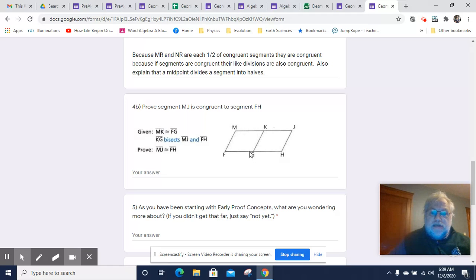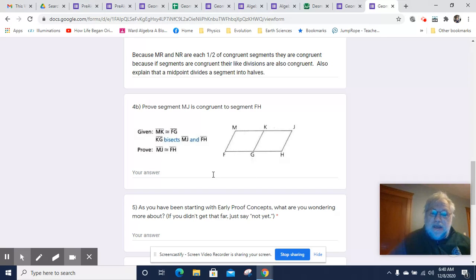So if this is bisecting MJ, and MK is congruent to FG, and this is also bisecting FH, then that means that these are each half of MJ and FH, respectively. So if I double MK, I get MJ. If I double FG, I get the measure of FH.